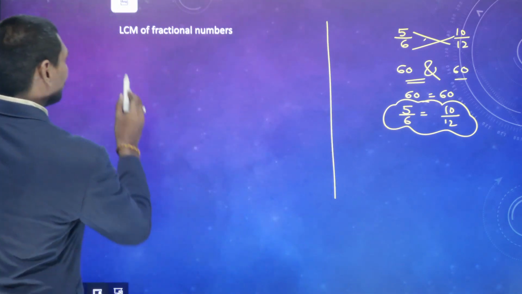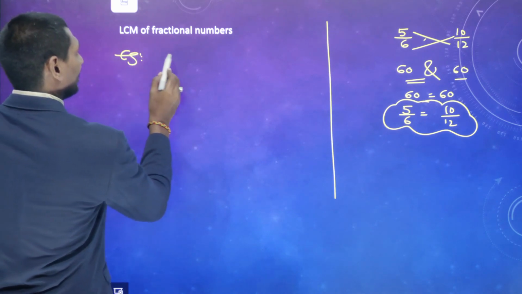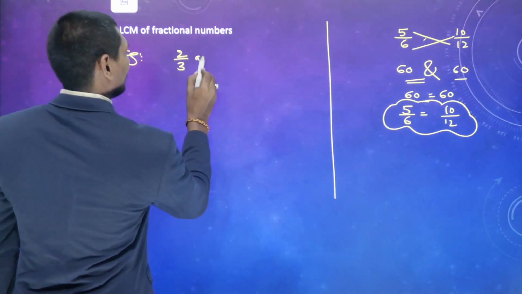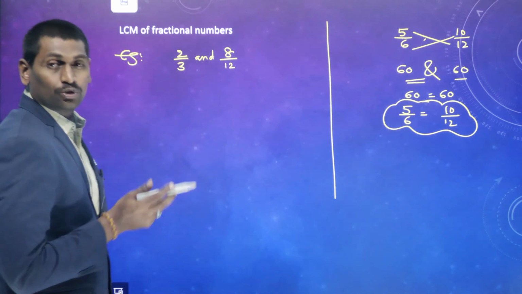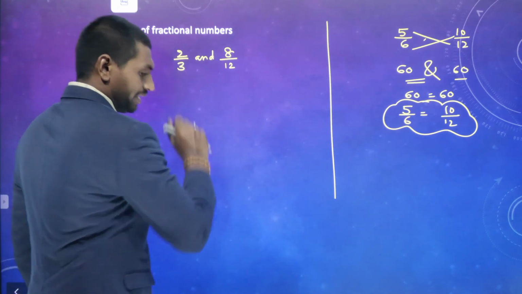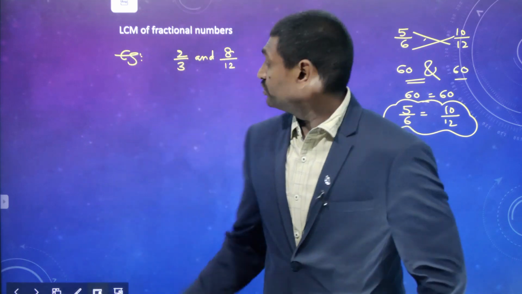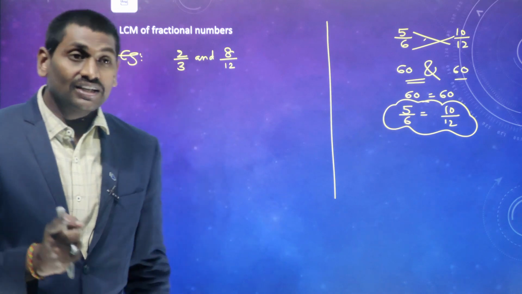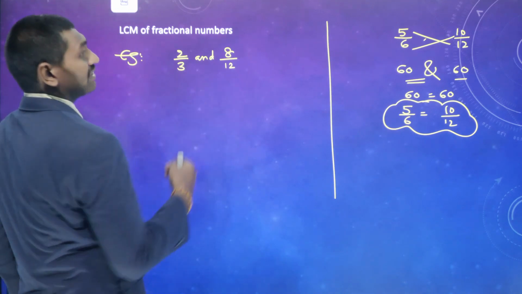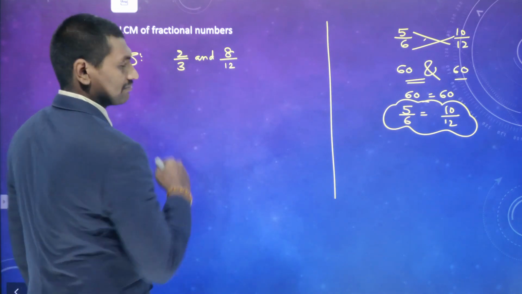For example, if you take the numbers 2 by 3 and 8 by 12, these two are fractional numbers, and these two are unlike fractions. In this situation, how to find out the LCM of these two numbers?